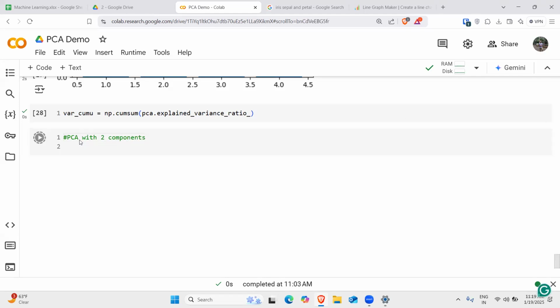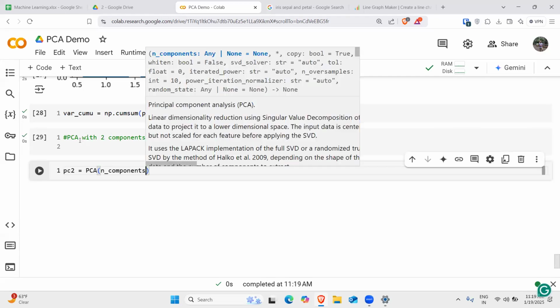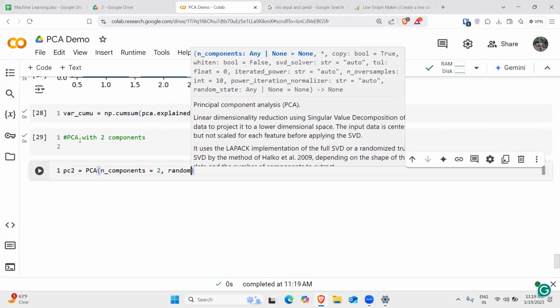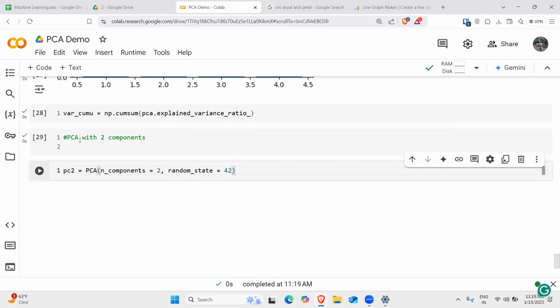So I'll write down PC2 is equal to capital PCA, n_components equal to 2, random_state equal to 42, right?